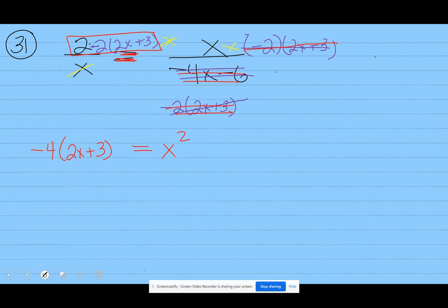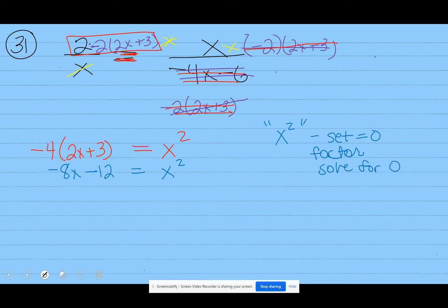Remember? So this is going to give me negative 8x minus 12 equals x to the second. This is an x to the second problem. I need to set equal to 0, factor, and solve for 0.